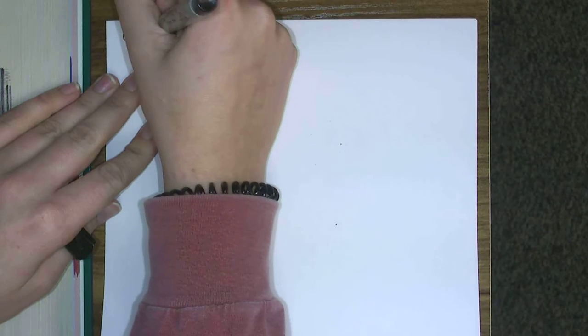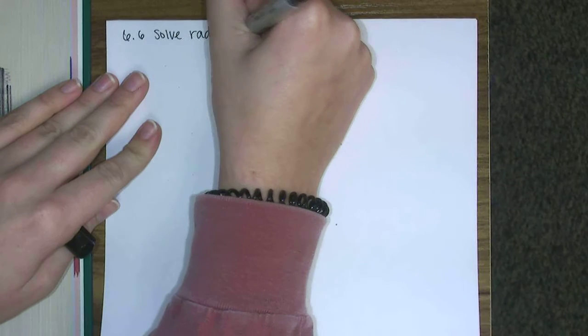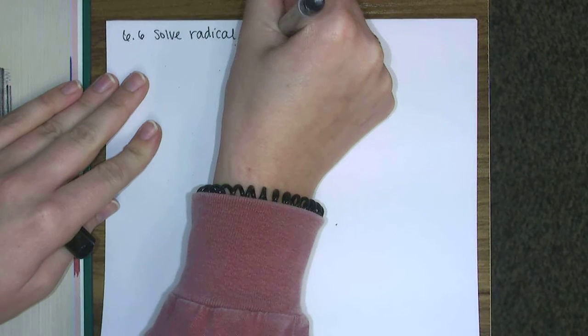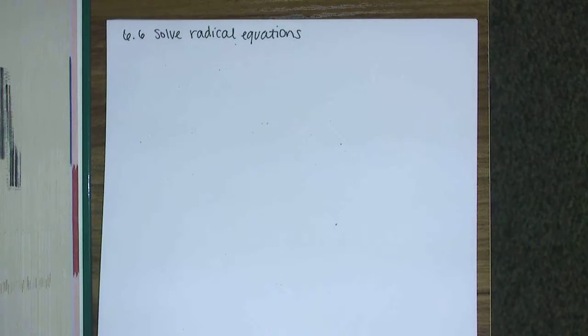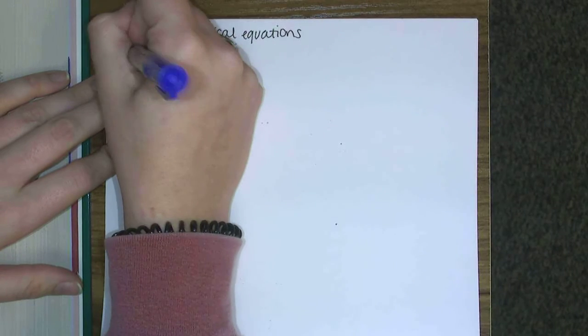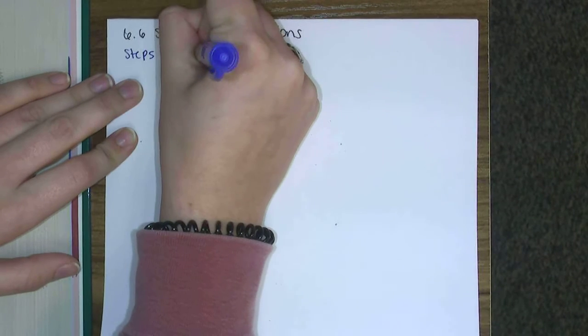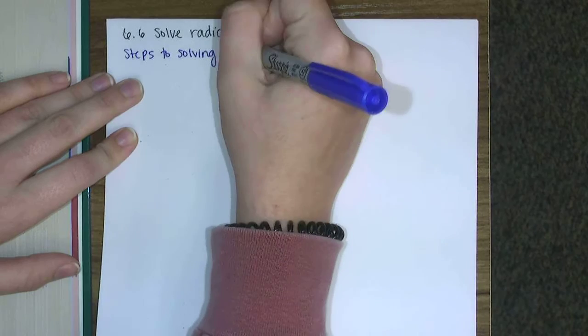But 6.6, solve radical equations. Okay, solving radical equations. So there's some steps to it that your book lists, but I do want to make sure that you have access to them in the video. So, steps to solving radical equations.